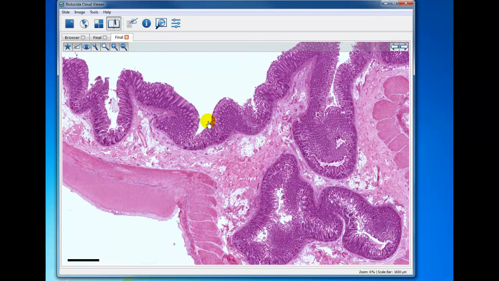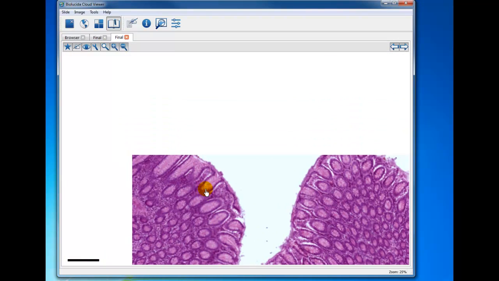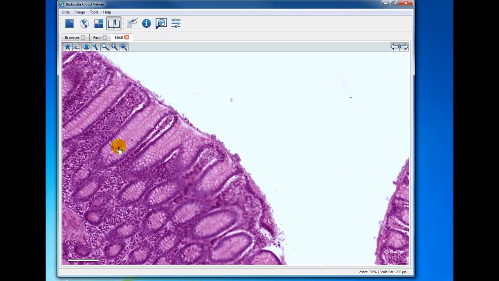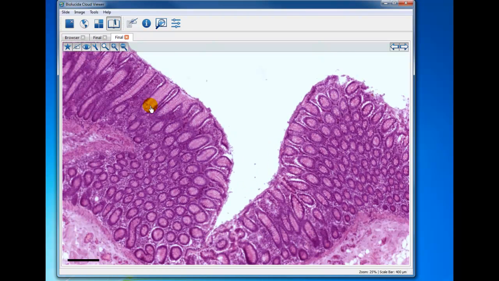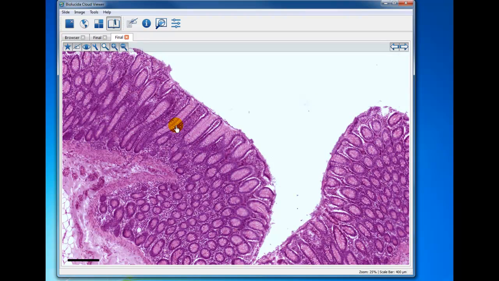So if we look at the lumen here, we see these cells that are all fairly lightly stained, and these would be goblet cells, and the entire mucosa is composed, it seems, of goblet cells. That should remind you of the colon.